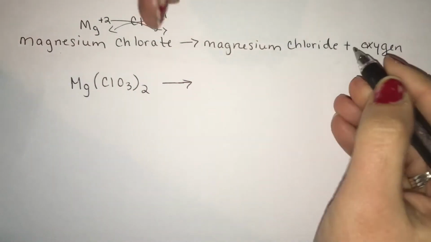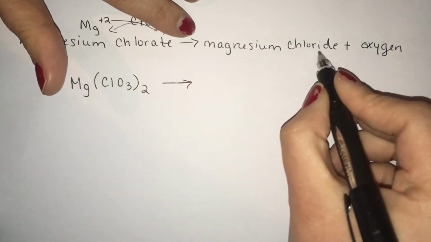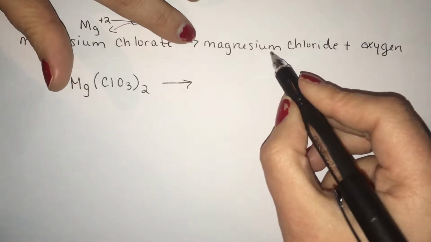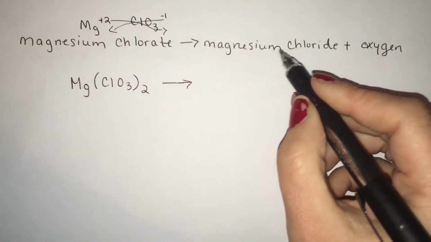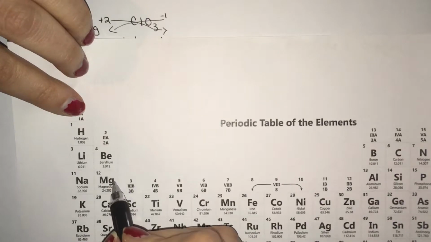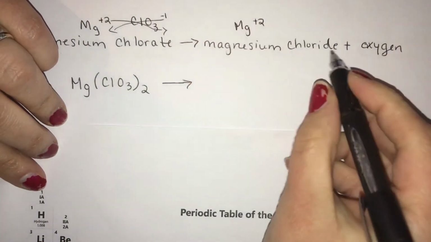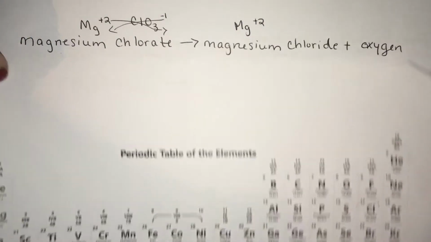We bring our arrow over, and then we're looking at our next section of this chemical equation. This is not an element, it is a compound, and it is magnesium chloride. Since this is a metal, we're going to consider this an ionic compound. Magnesium is a +2 charge. Chloride is a -1 charge, so this is chloride right here.